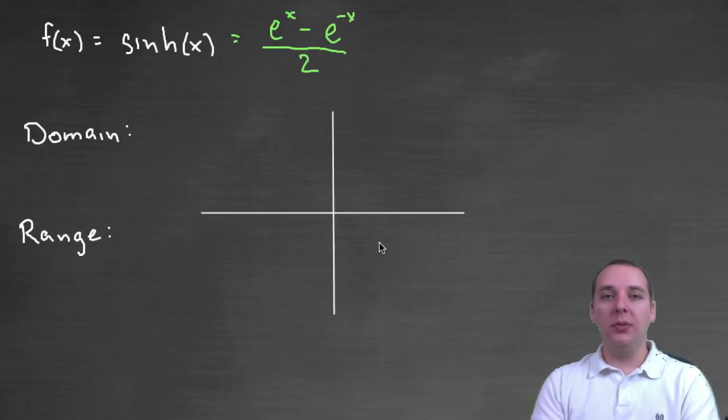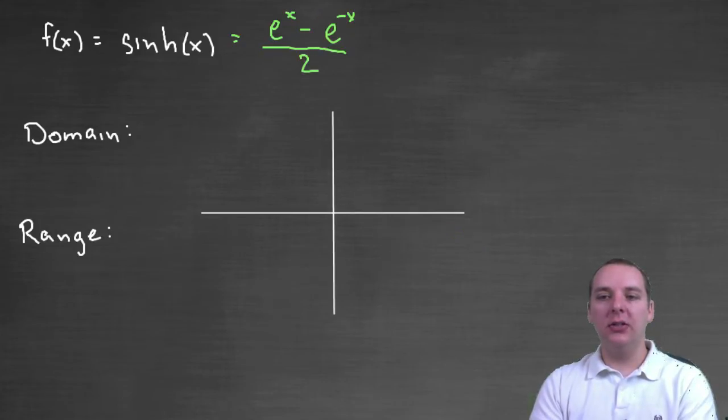One general principle we can stand on, just from algebra, is that as x gets larger, e to the negative x goes to 0, because you're getting e to a large negative power, which is equivalent to 1 over e to a large positive power, which is practically 0. So as x gets larger and larger, this term decays off, and we're roughly left with e to the x over 2.